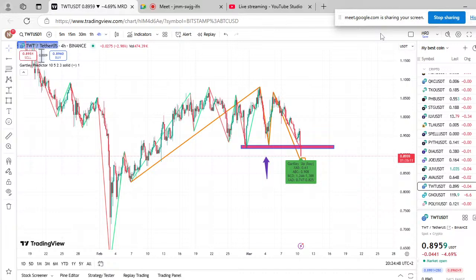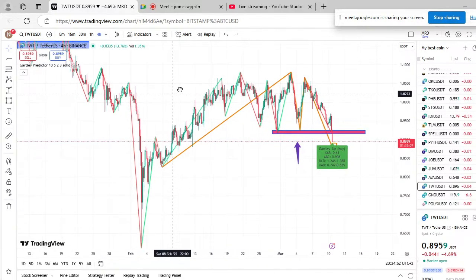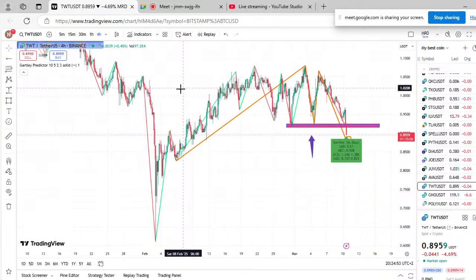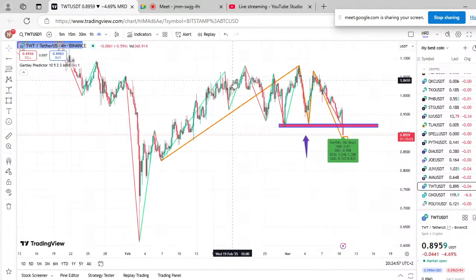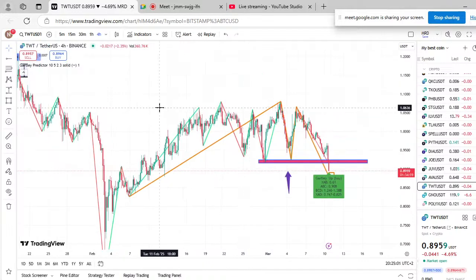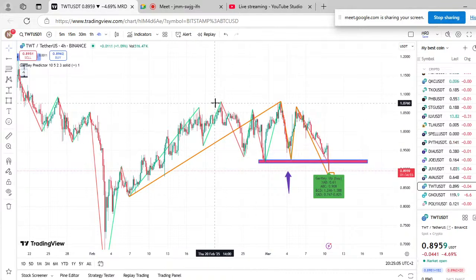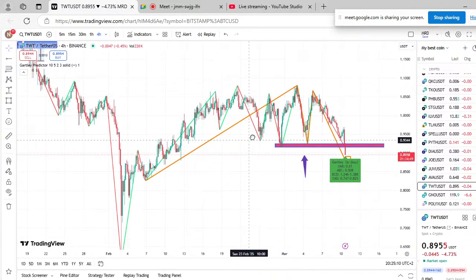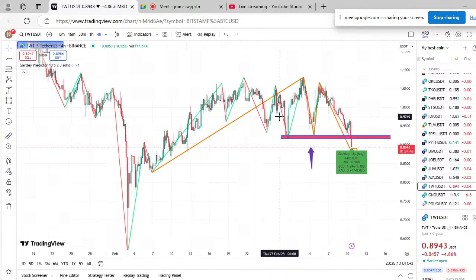You know, most of you don't want to draw supports and resistance. Others say, oh, designing chart. I normally see your charts, your graphs. You are designing graphs. Please, we are not designing. We are just drawing supports and resistance.